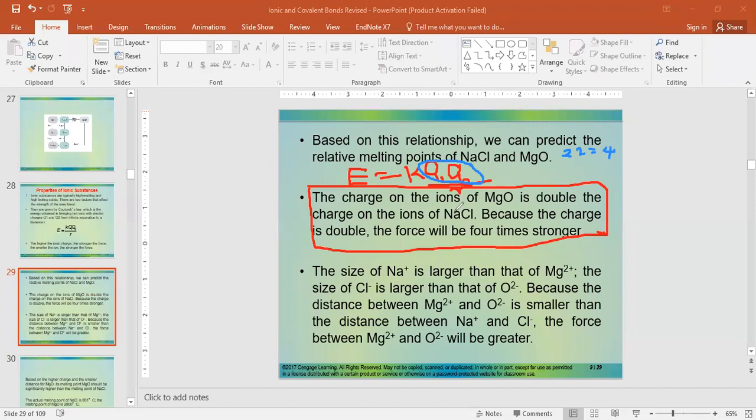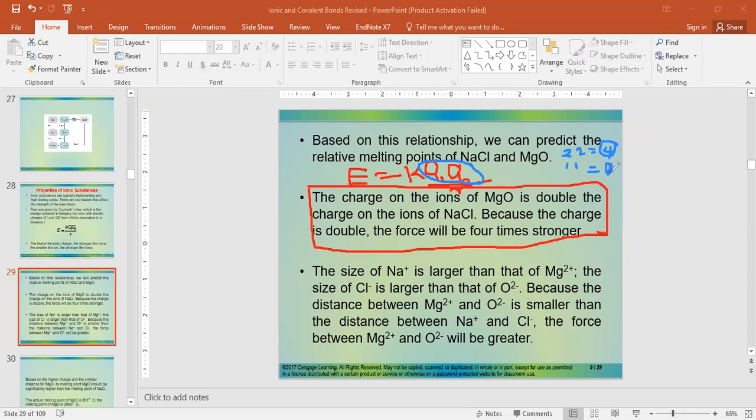Sodium is 1, chlorine is 1. And when you multiply that, it is going to give you 1. So if we confine ourselves to the electric charges only, then you would expect the bond in magnesium oxide to be 4 times stronger than that between what?